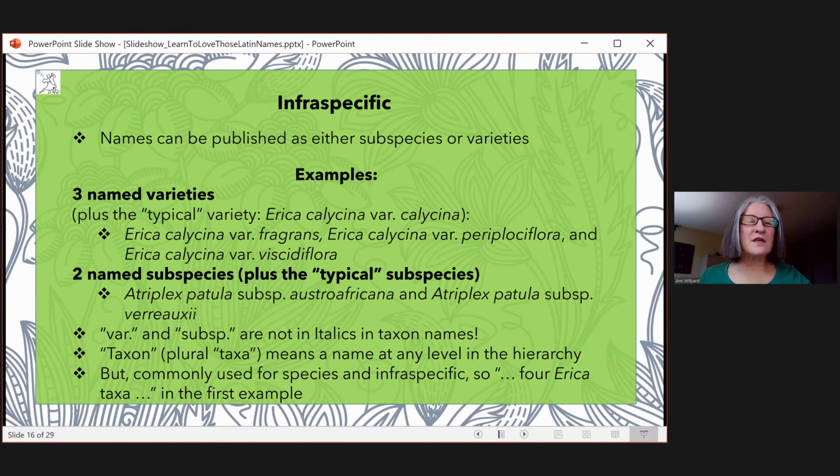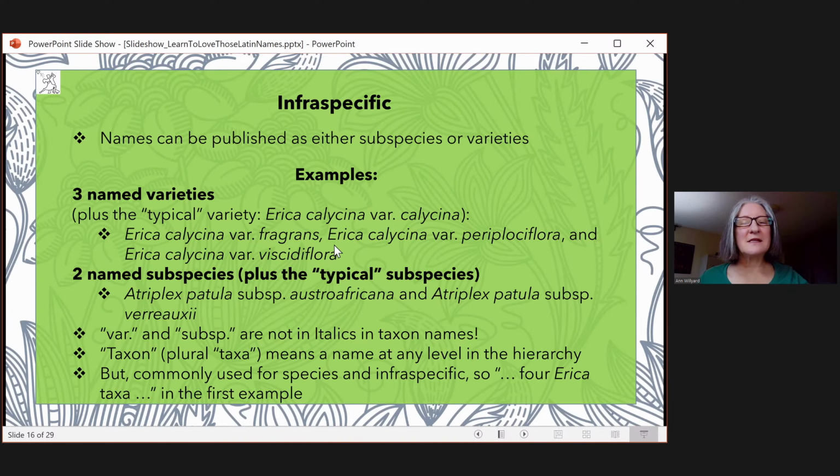So what this works is there's a type species, and I'll explain a little bit more what that means in a slide or two. The way you do that when you're writing out the list is you would have Erica calcina, variety fragrance, Erica calcina, variety perplusiflora, and Erica calcina, variety basitiflora, so sticky flowered one.